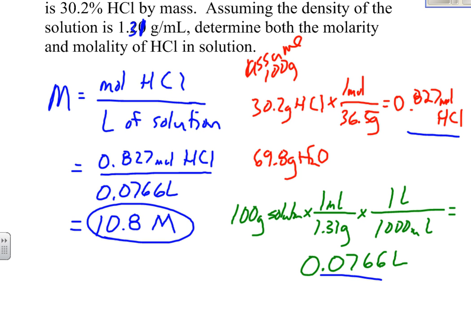So we basically took the data that was provided, determined the number of moles of HCl, used the mass of the solution and the density to figure out the volume in liters, and then just plugged it into our formula.